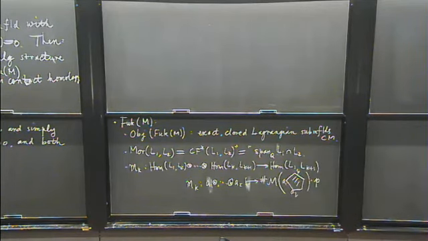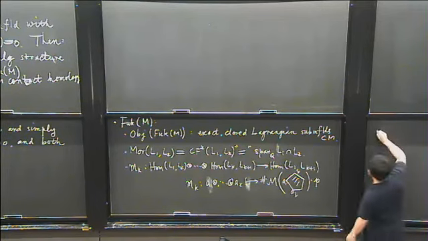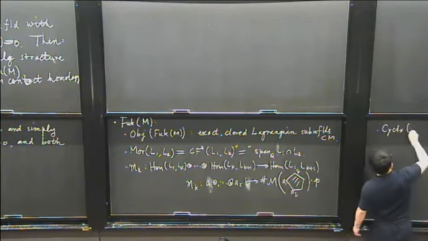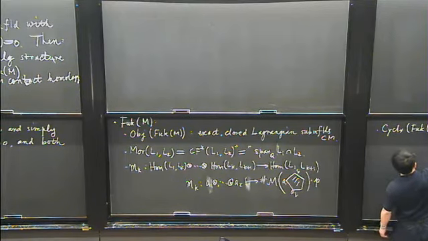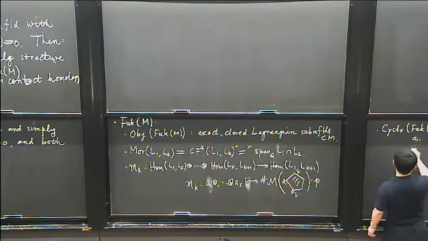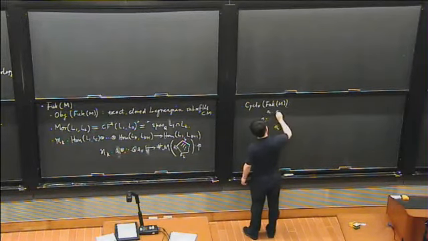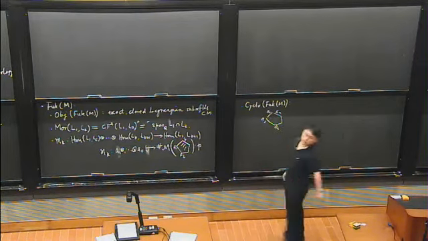Well, now what is the cyclic homology of the Fukaya category? The underlying space of the cyclic Fukaya category of M is just the cyclic words generated by elements in the morphism space. So it's something like this: a_1, a_2, a_3, up to a_n.